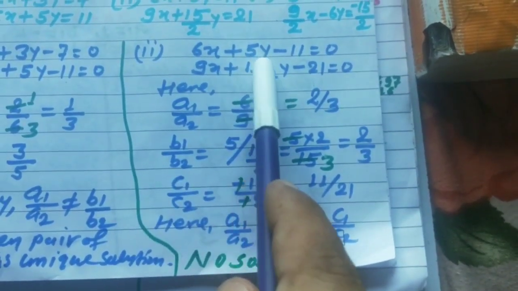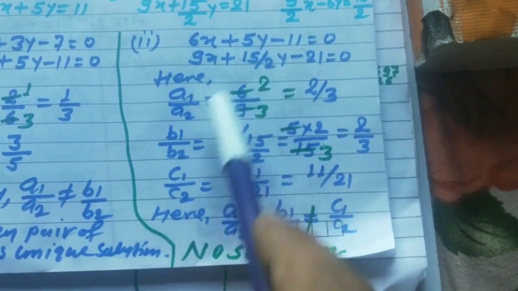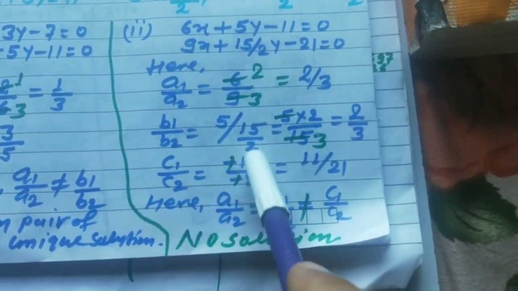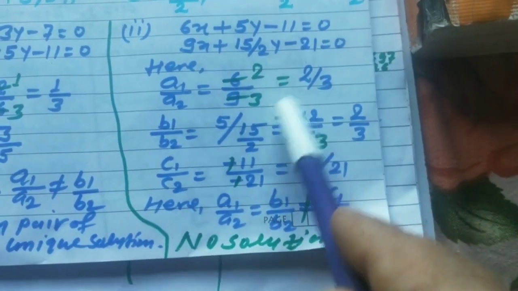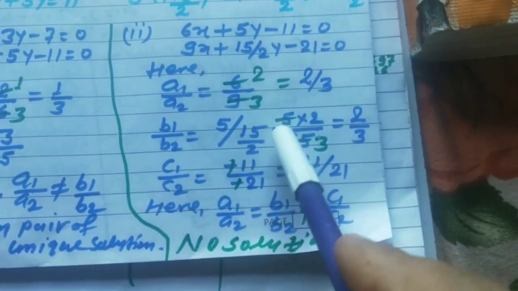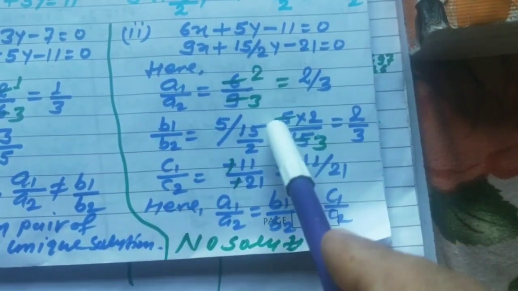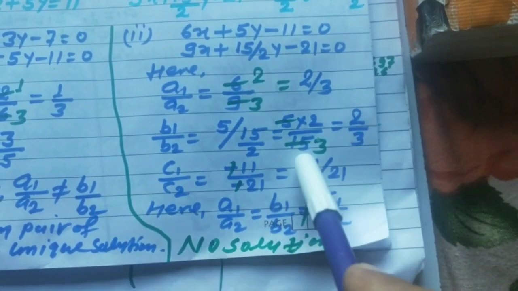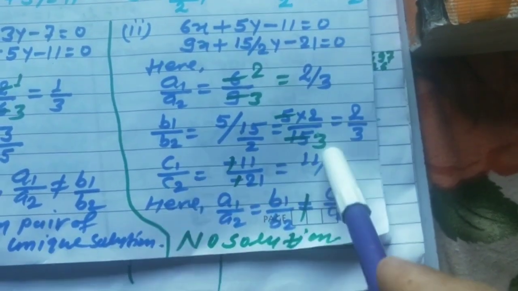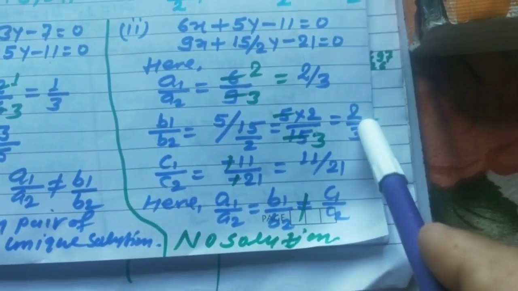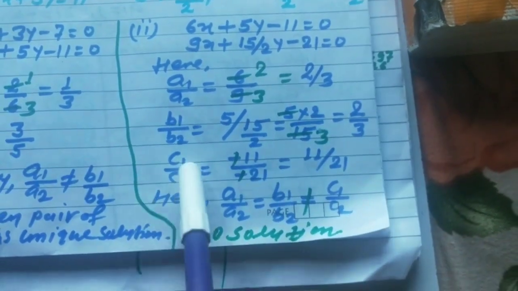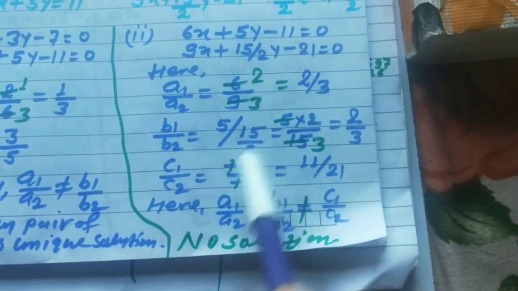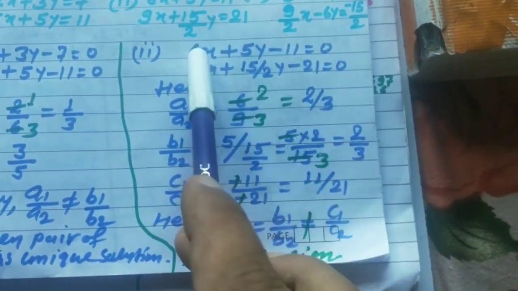And then we have to find B1 upon B2. B1 is 5 and B2 is 15 upon 2. Now when it is multiplied, 2 will be in the numerator. So it will be 5 multiplied by 2 upon 15. Now this 15 is divided by 5, 3 times. So it will be 2 upon 3. Since these two are equal, we have to find C1 by C2 also.